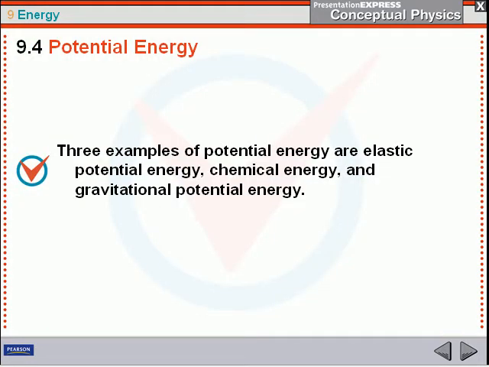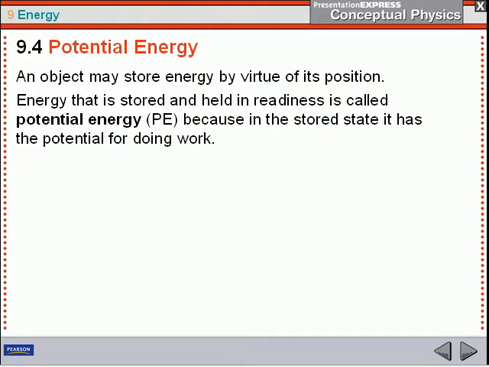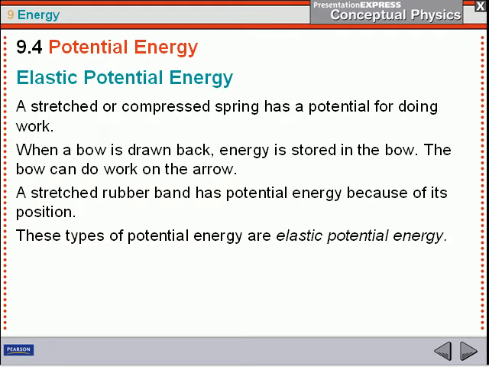Let's look at potential energy. There are three types of it: elastic potential, chemical energy, and gravitational potential energy. So energy that is stored and ready to go is called potential energy. It has the potential for doing work, and this could be done by virtue of the position of an object. Let's look at elastic potential energy.